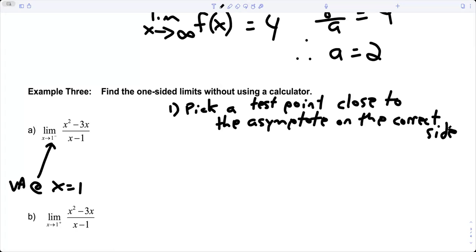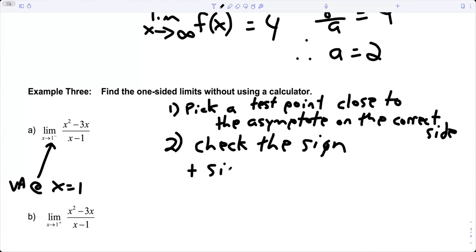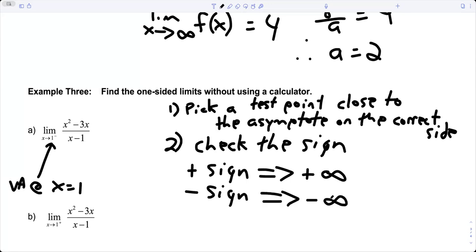And then number two, check the sign. If the sign of that test point is positive, then it's going to positive infinity. Negative sign, and it's going to negative infinity. Okay, so let's work through that.